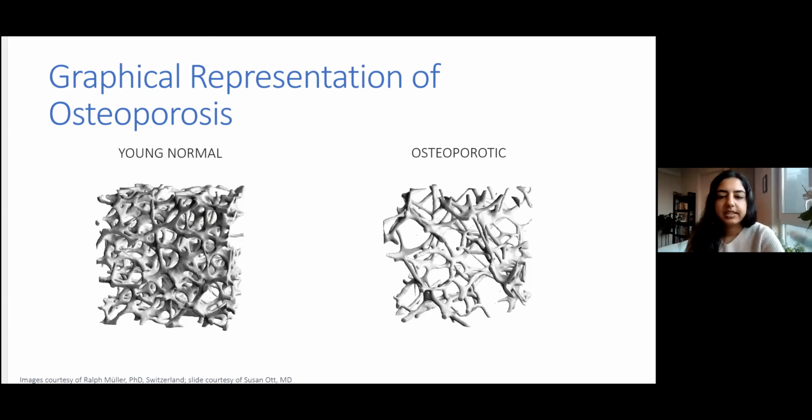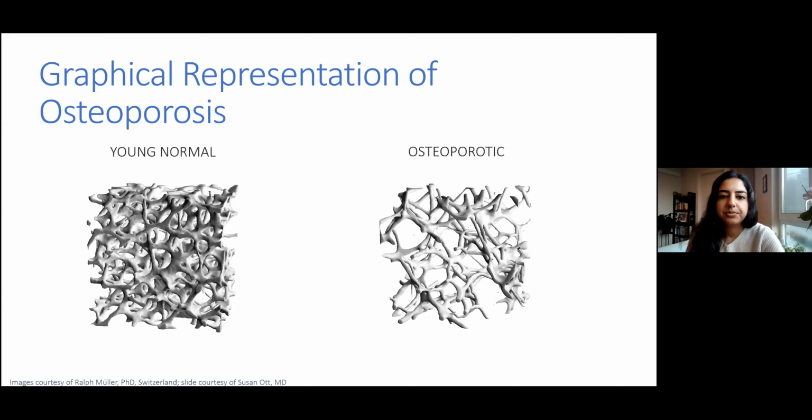So here's a nice graphical representation of osteoporosis that shows you the bone microarchitecture that I was talking about earlier. On the left, there's young, normal, healthy bone. You can see it's this nice organized structure that lends stability to the bone.